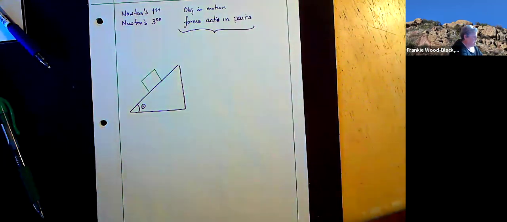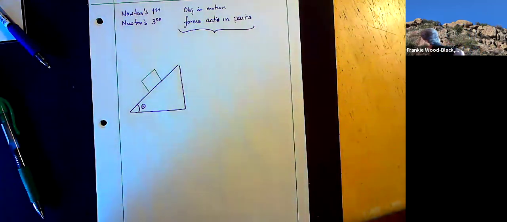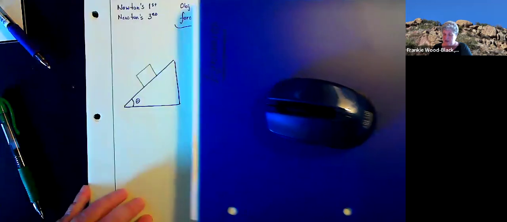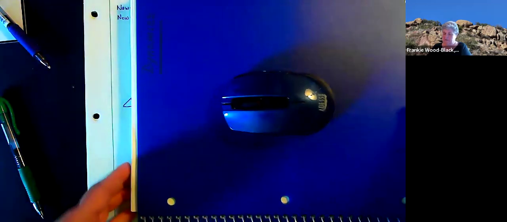Let me give myself an item here. I'm going to use a notebook, and I'm going to put my mouse on the notebook. And so this notebook currently is horizontal. So my angle here would be equal to 0 if I were doing my angle. And I'm going to do my inclined plane here.